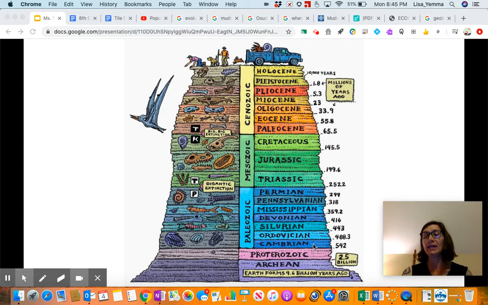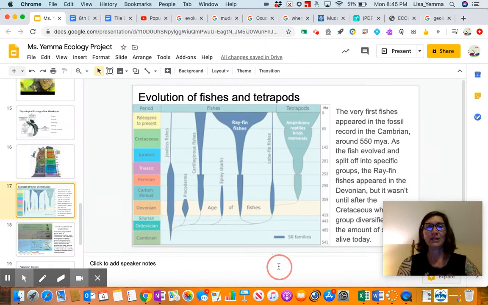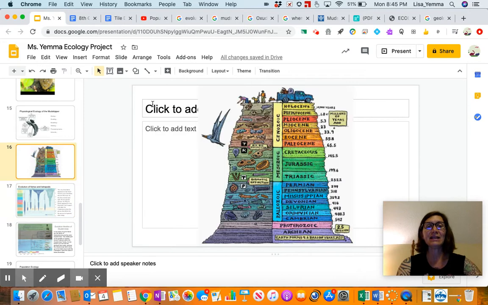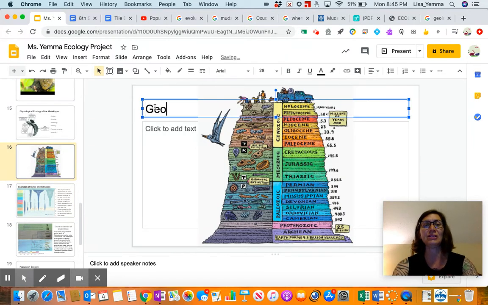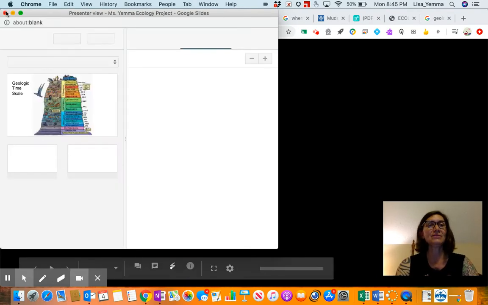So I was thinking how cool it would be if you put this slide into your presentation. I didn't get an opportunity to label this slide, and it doesn't have a label, so I should probably do that. Let me exit from here and go back to this slide, and then maybe say geologic time scale, and then I can hit present so that you can see how beautiful that is.